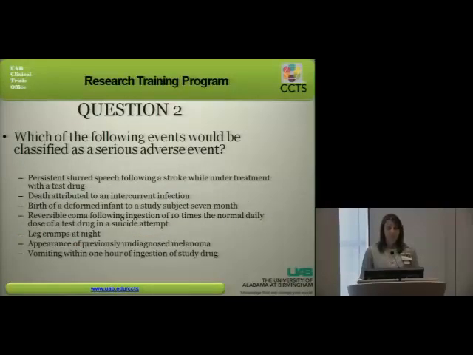For question number 2, which of the following events would be classified as a serious adverse event?